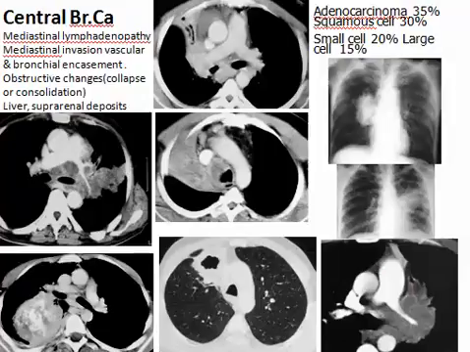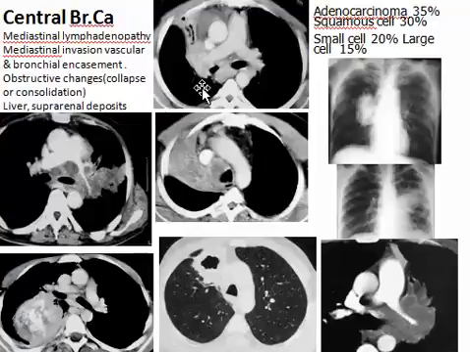Central bronchogenic carcinoma, we have here a good example in the first slide. We can have mediastinal adenopathy, mediastinal invasion involving the vessels, superior vena cava, or involving the pulmonary vessels.